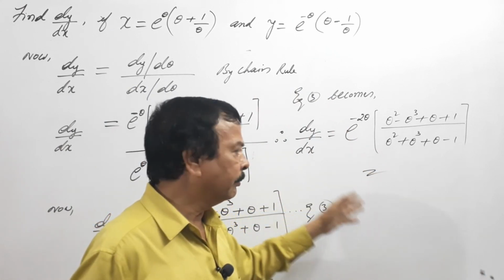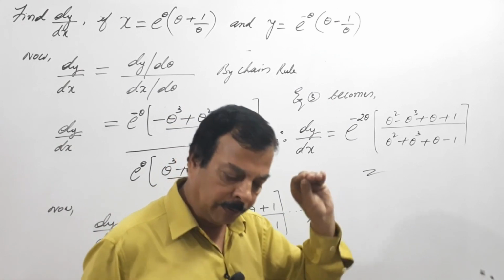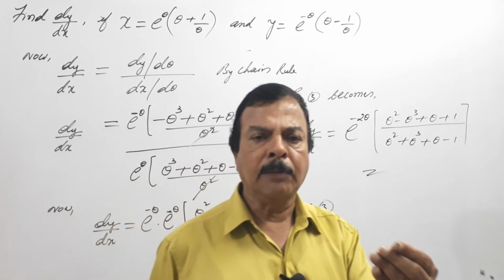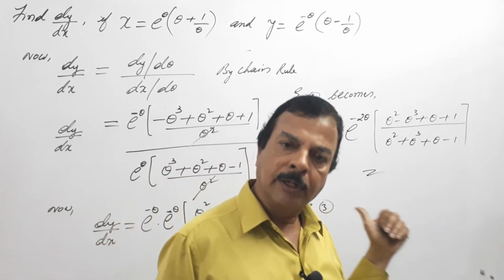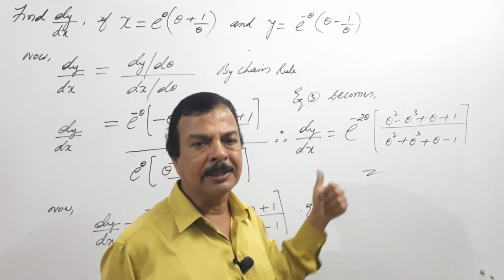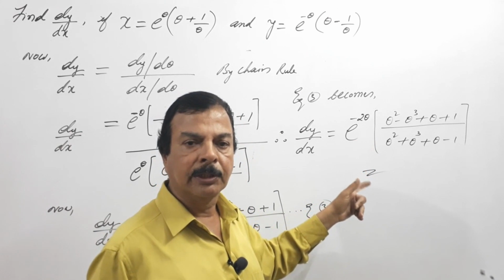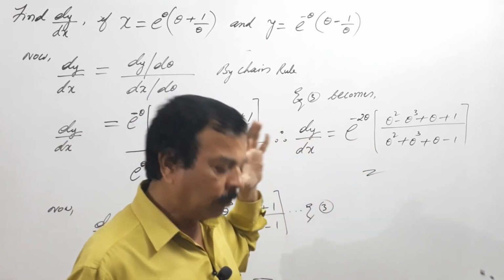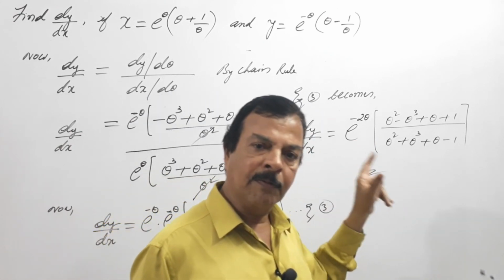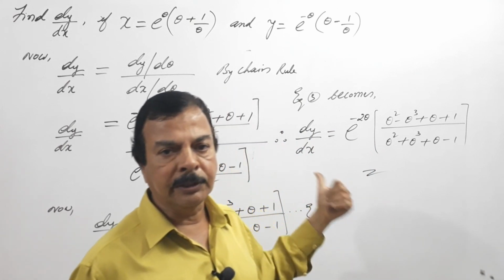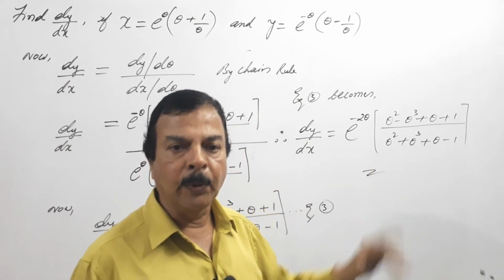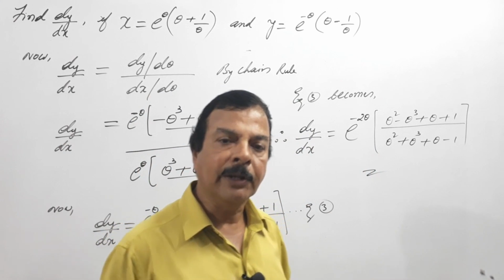Out of 10 people, hardly 2 or 3 will do this problem; the remaining just leave it. It is a very simple problem, anybody can do this. So dear students, I have shown the way. Any problem on e to the power of minus theta has to be solved using this technique only. There is no other way. Okay, dear students, let's go for the next problem.